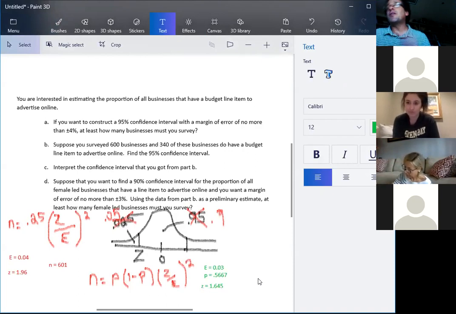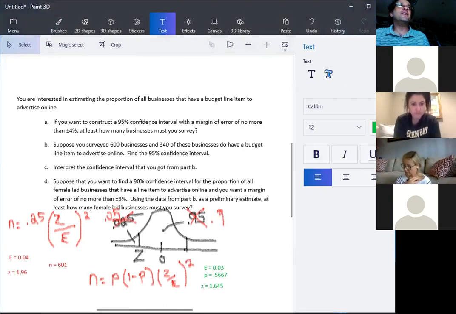You take 0.5667 times 1 minus 0.5667, and then times parentheses 1.645 divided by 0.03, end parentheses, squared. Stick it in your calculator, which I'm going to do on my other screen, just because I can't do it in my head so well.